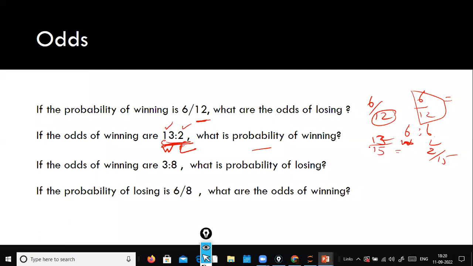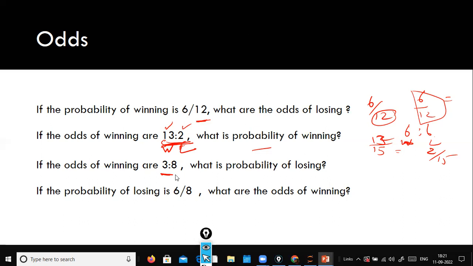Now the third question is, if the odds of winning are 3 is to 8, what is the probability of losing? Aruna, why don't you tell me this? Mukilan, the same thing. The odds of winning are, in this case, 3 is to 8. That means the total possible outcome is 11.